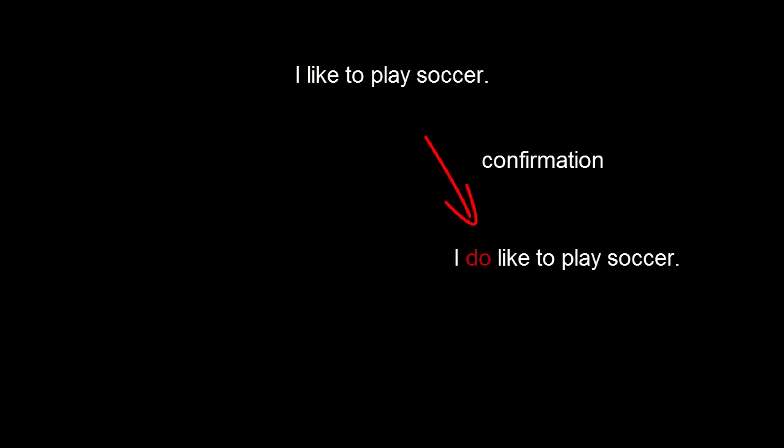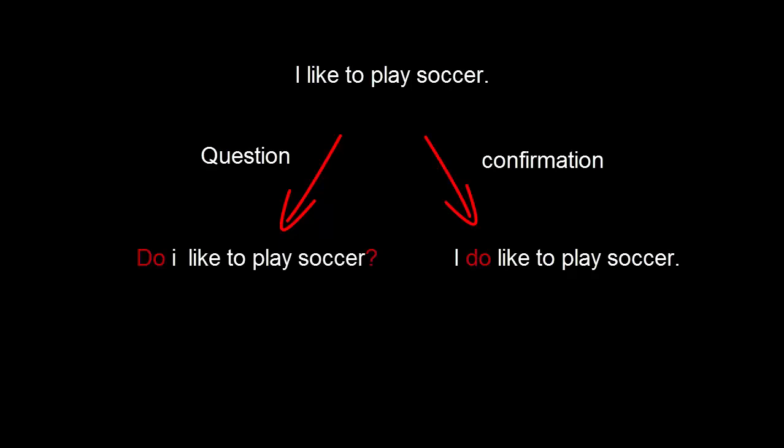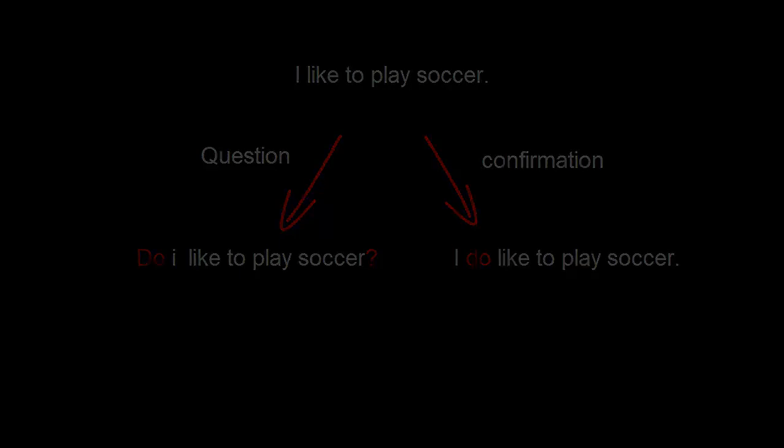The verb to do confirms your sentence. Now, if you needed to write down the question or to say the question, you say, do I like to play soccer? And you add the question mark at the end. So you just need to switch between do and I.